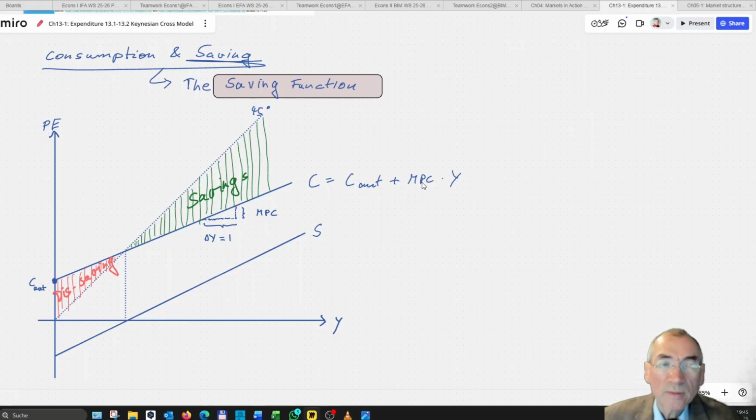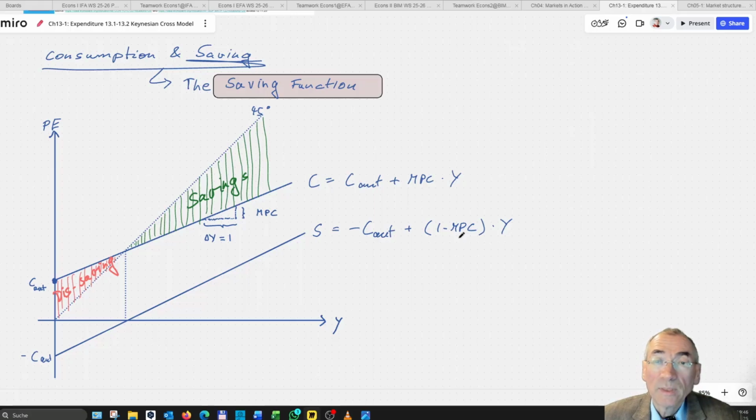If MPC is a percentage, 0.8, 0.6, whatever, and I spend 60% of my income, then obviously I save the other 40%. So the slope of the saving function is 1 minus MPC. And these two, MPC and 1 minus MPC, obviously have to add up to 1.